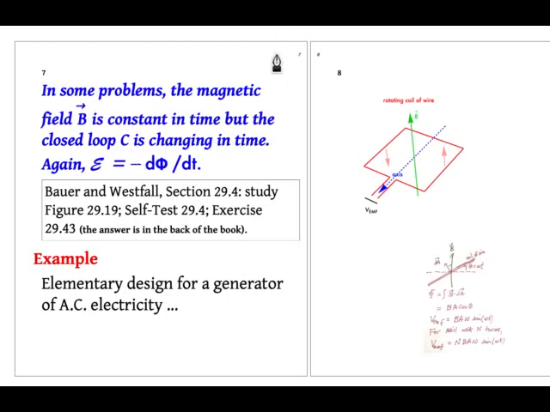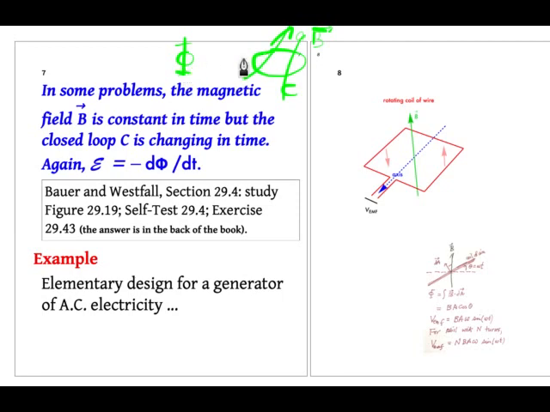Faraday's law has to do with a closed loop C and the flux through C. The amount of magnetic field flowing through that closed loop is the flux. Now, Faraday's law occurs when that flux is changing in time.